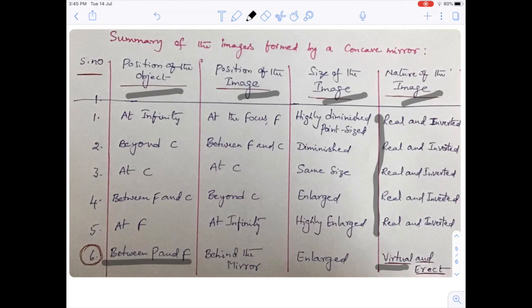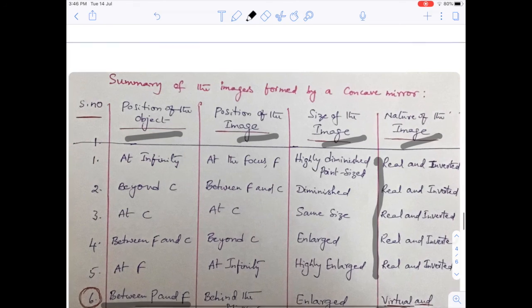So in a concave mirror, in most of the positions, it gives only real and inverted images, and only in one particular case, when the object is between pole and focus, the image is virtual and erect, upright, and it forms behind the mirror.